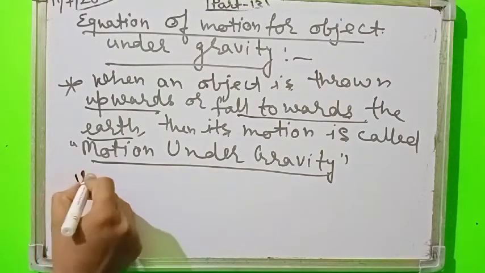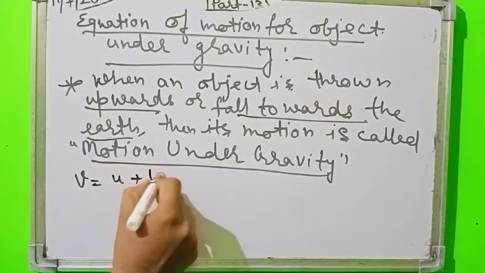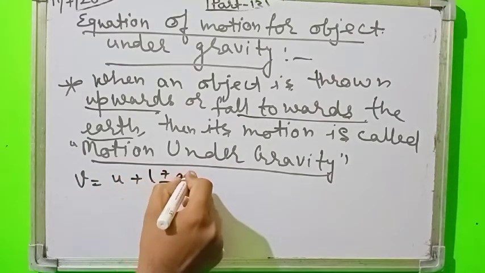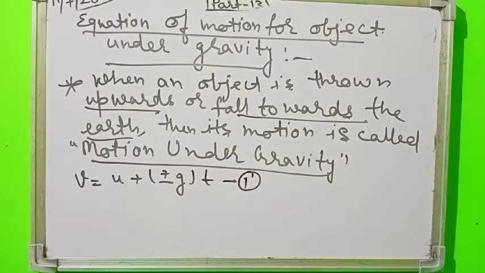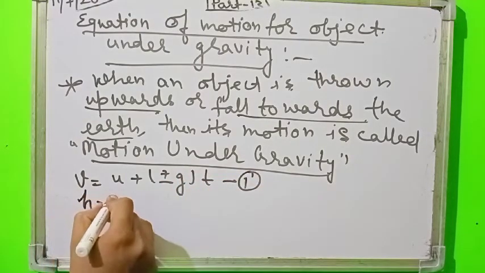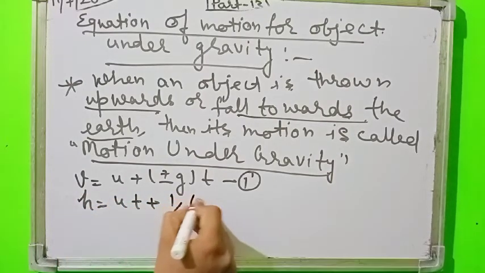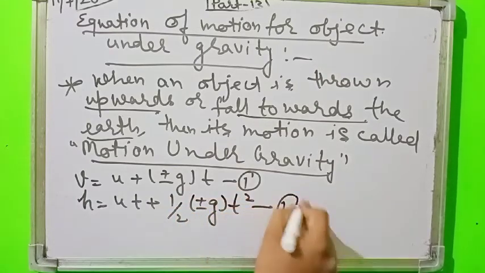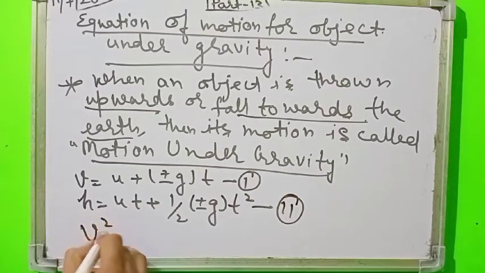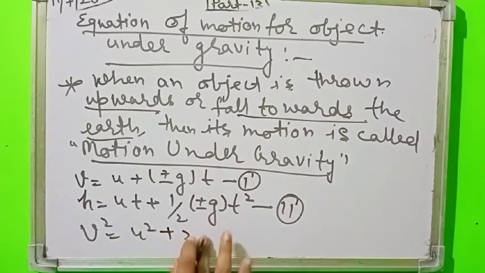The equations of motion for motion under gravity are: v is equal to u plus minus g t, the velocity time relation; h is equal to ut plus minus half g t square; and v square is equal to u square plus minus 2gh.